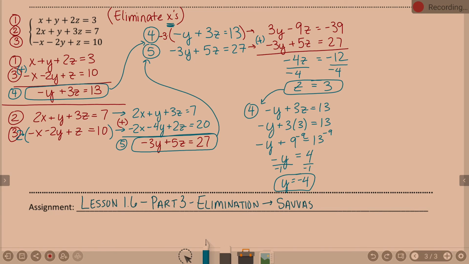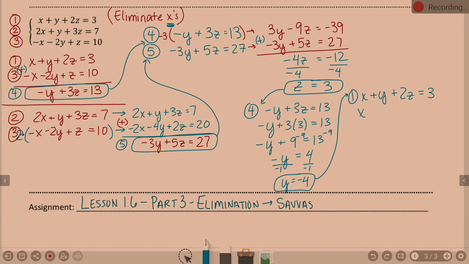And plug it in. Equation 1, 2, or 3 are your options, right? So don't feel like you always have to do 1. It's just the way it's working out for us. So 1 is x plus y plus 2z equals 3. So what do we know? We don't know x.